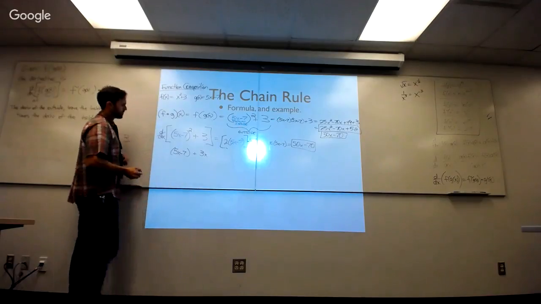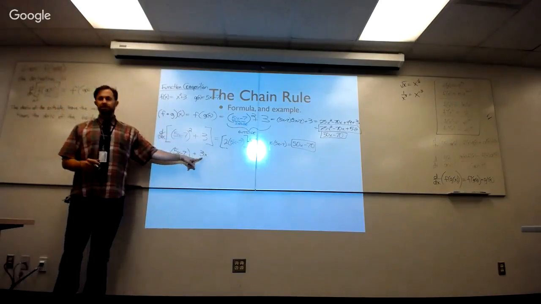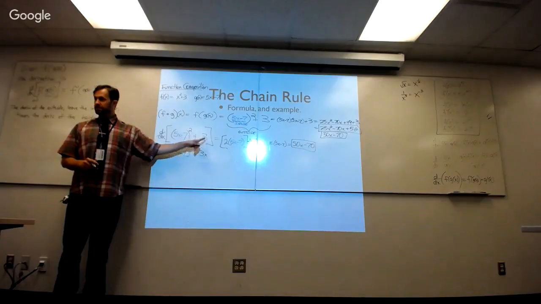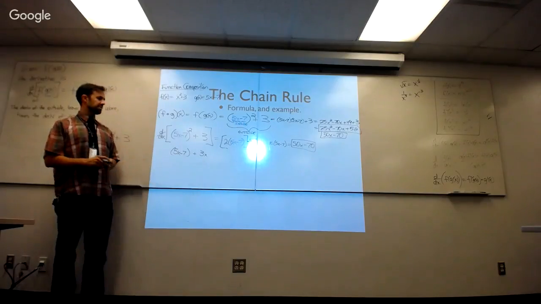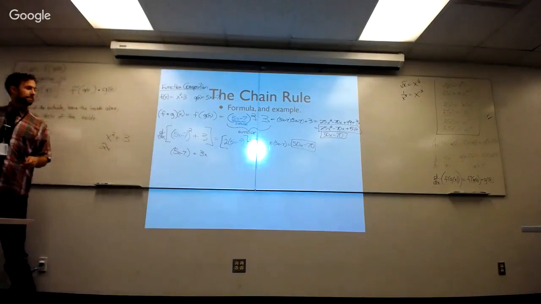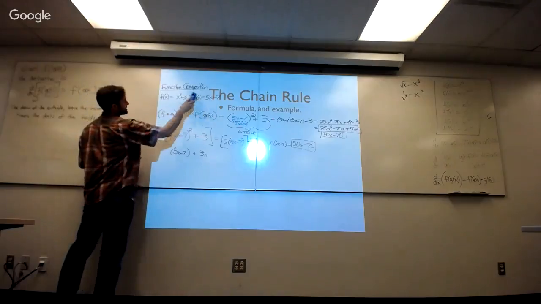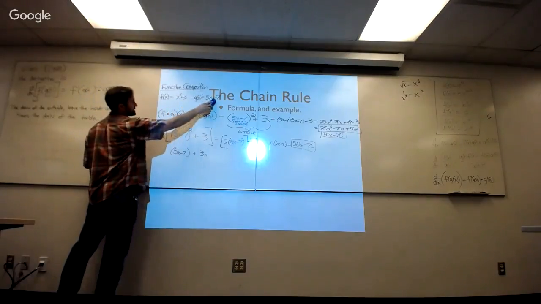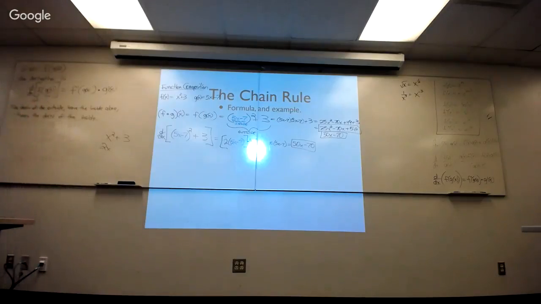But where would the 3x come from? The derivative of 3 is not 3x. The derivative of 3 is 0. Is that what you're saying? I don't know where you're getting that. The original equation is either x squared plus 3 or 5x minus 7. Did I answer your question?